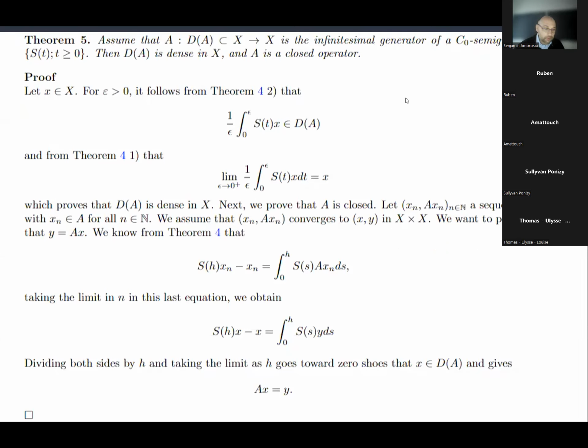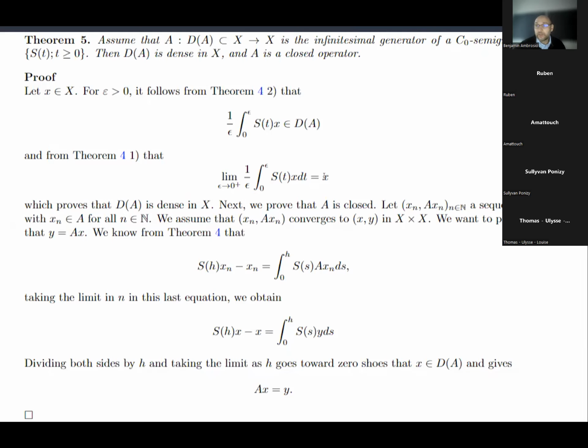The first necessary condition of the Hill-Yoshida theorem is written here. Why is D(A) dense in X? Because when you define this integral, we proved that this is in D(A). When epsilon goes to 0, this is a classical formula, and this goes to x.